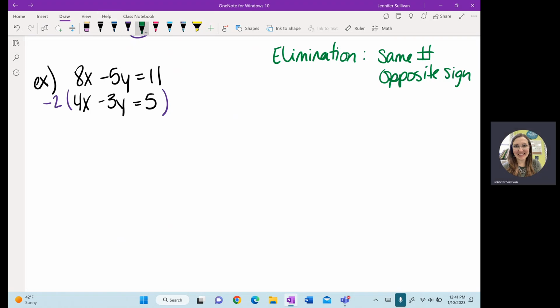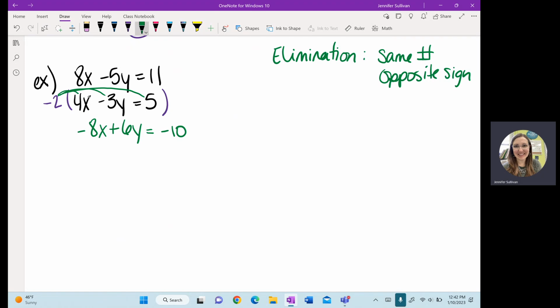And so doing that, we'll take a -2 times a positive 4x and change it to a negative 8x. A -2 times a negative 3y is going to give me positive 6y. So you see we are distributing this -2, but we have to do it to the other side of the equal sign as well. So -2 times 5 is -10.